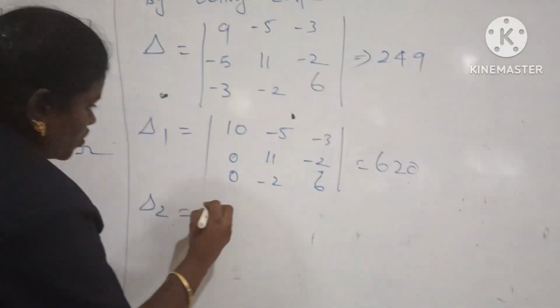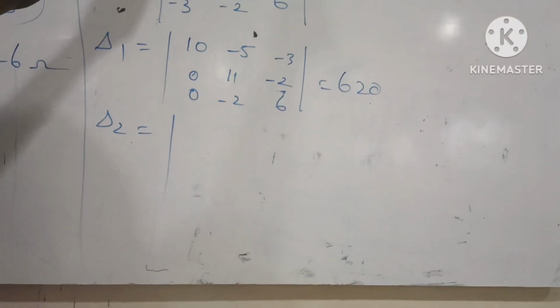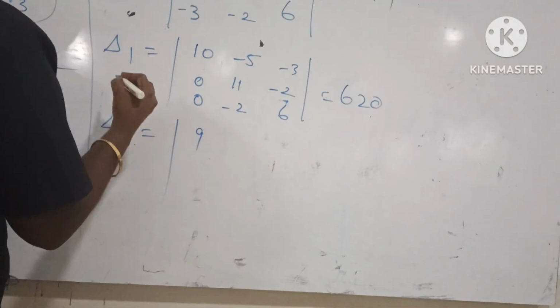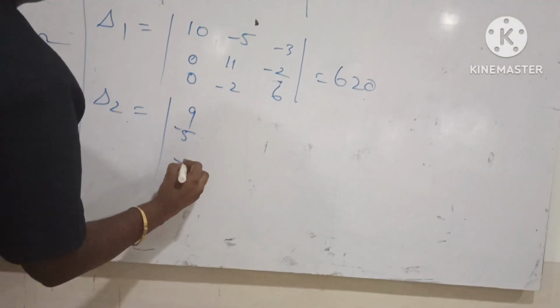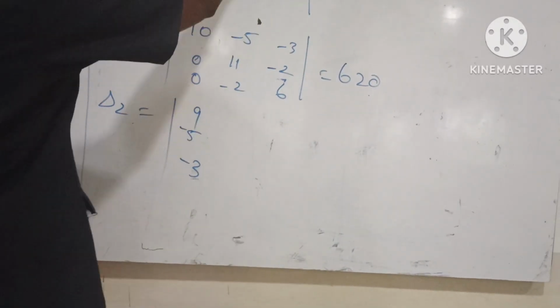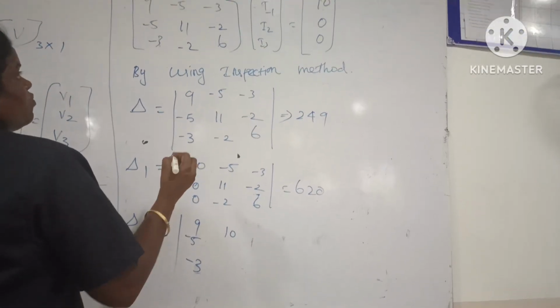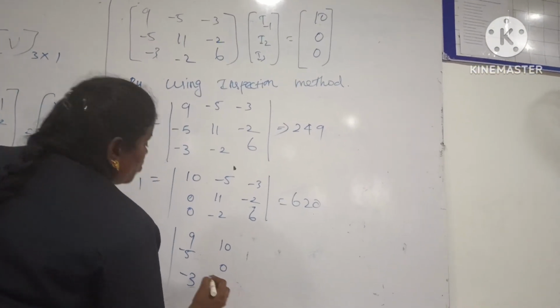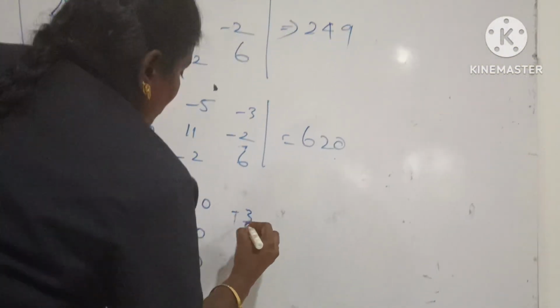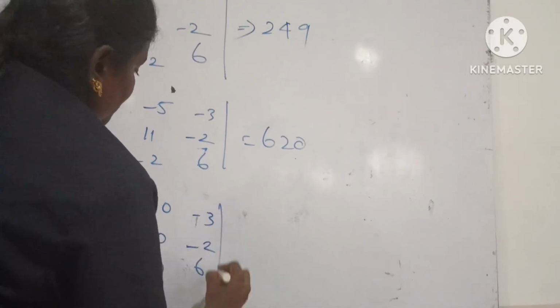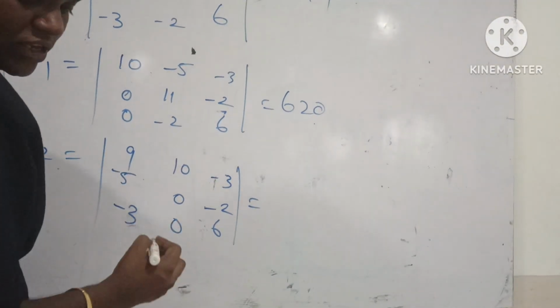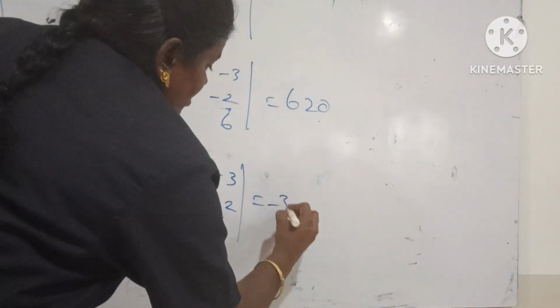Then del 2: the second column is replaced by the voltage source 10, 0, 0, so the value of del 2 is minus 360.